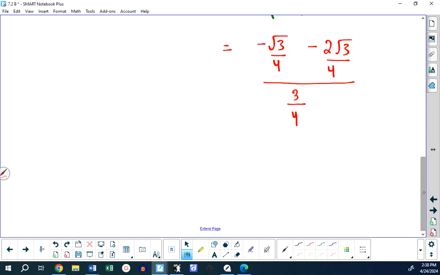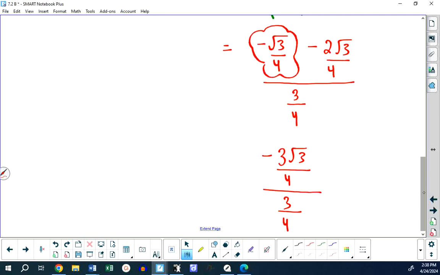This gives me negative 3 root 3 over 4 over 3 over 4. This is negative 1 root 3 over 4, and we're subtracting 2 root 3 over 4. So we get negative 3 root 3 over 4s.